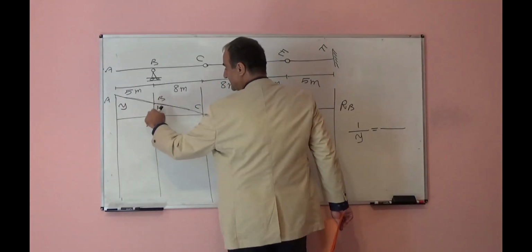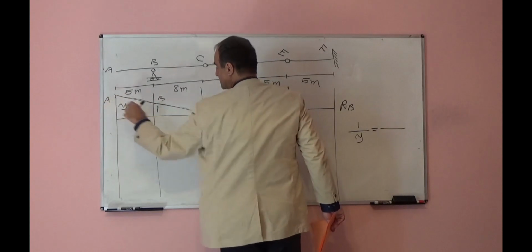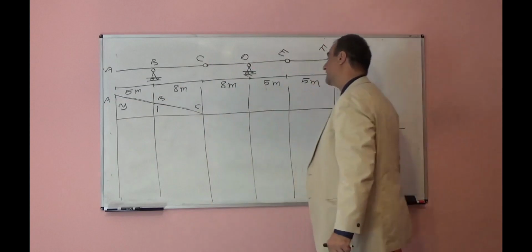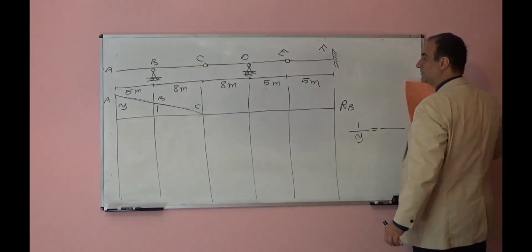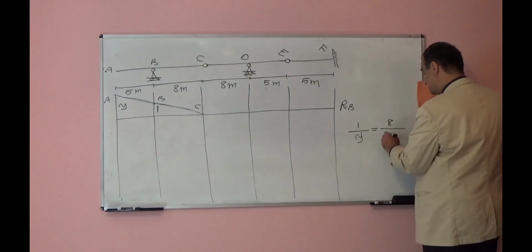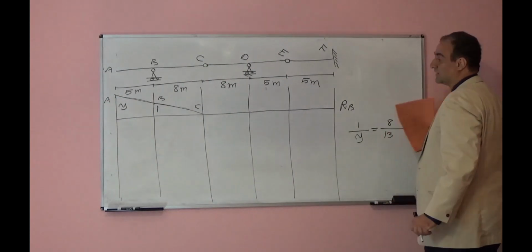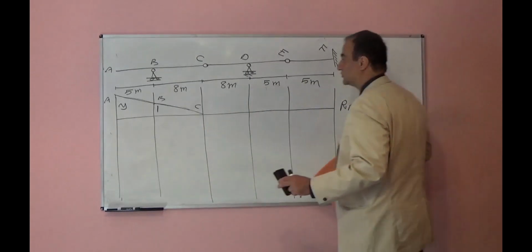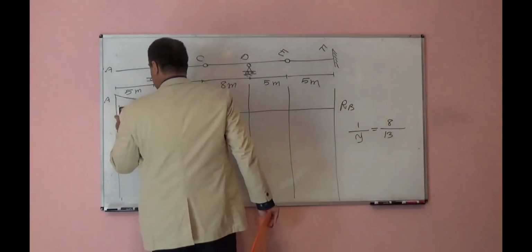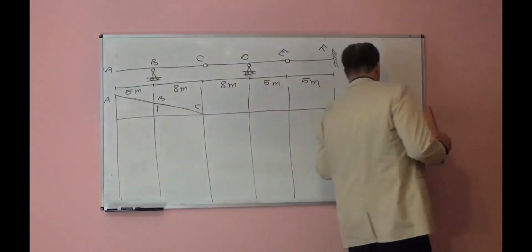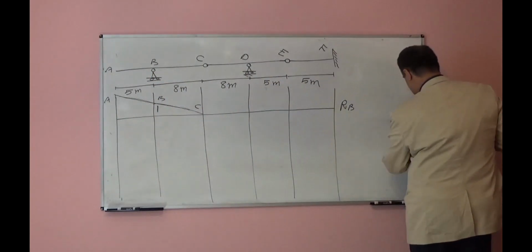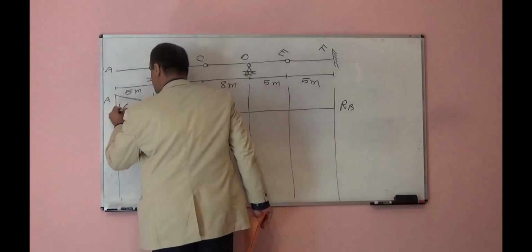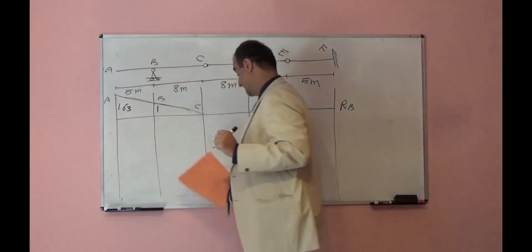So this part in the triangle over this is equal to 8 divided by the entire length, that will be 13, 8 over 13. From there you can find y. Y will be 1.63. So this height, you can find it. It will be 1.63.